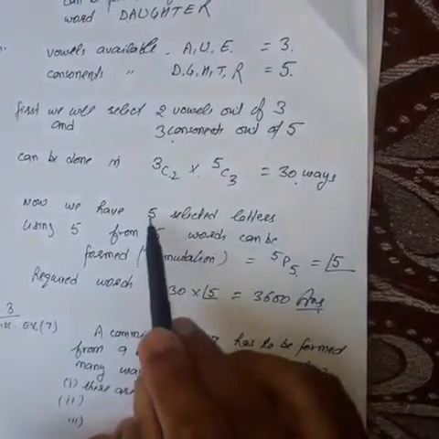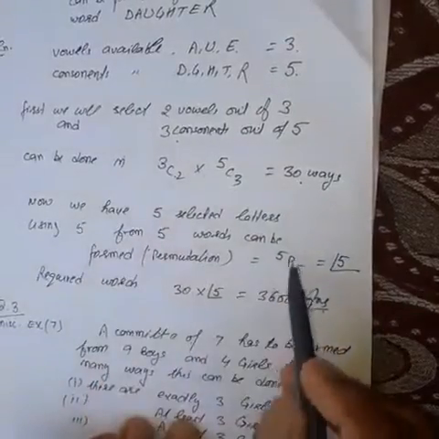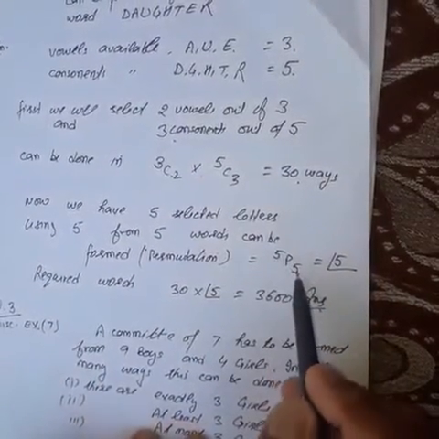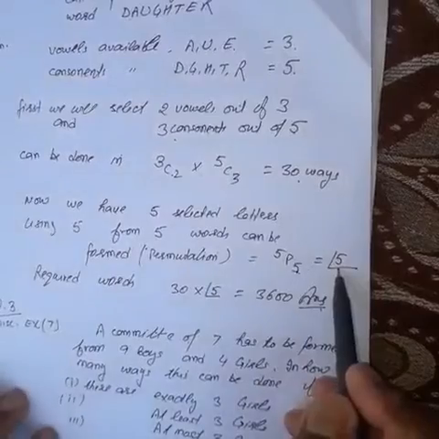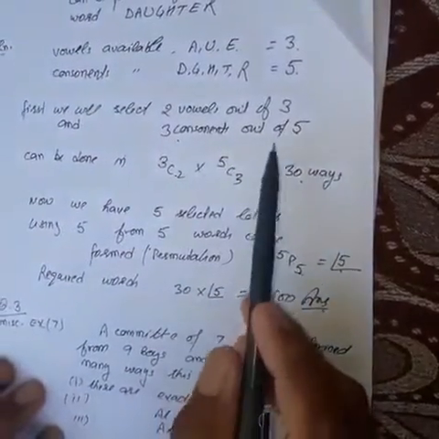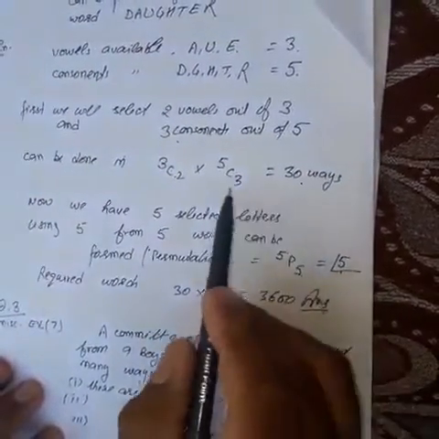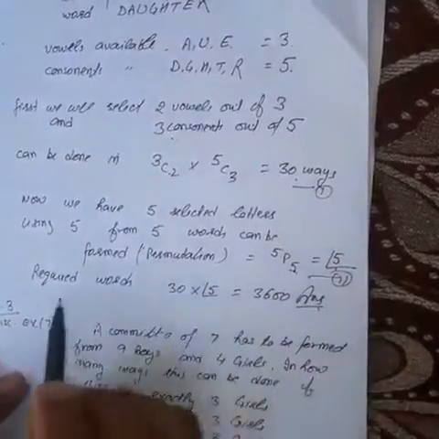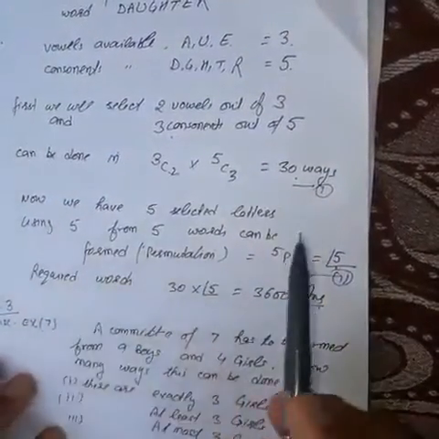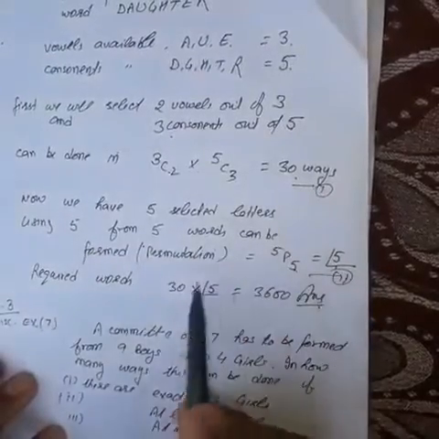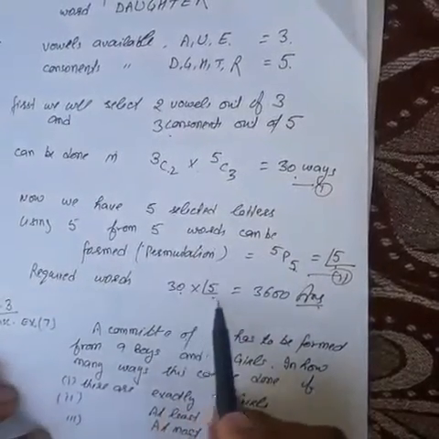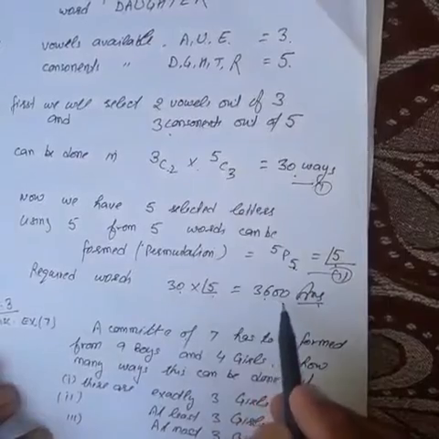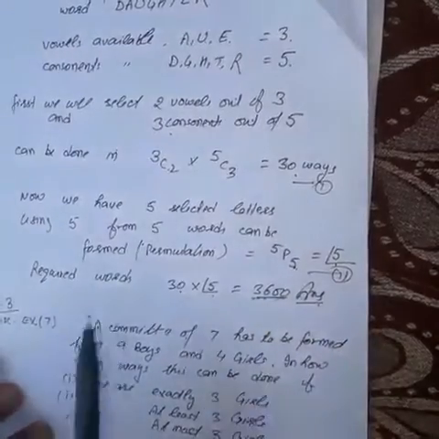So total available letters 5 we have selected, and we want to use them all. So 5P5, it is 5 factorial, and now we have to multiply these 2, the selection, this is first, and second. So the required number of words, multiplying these 2, is 30 multiplied by 5 factorial, and that is 3600. I hope it is clear.